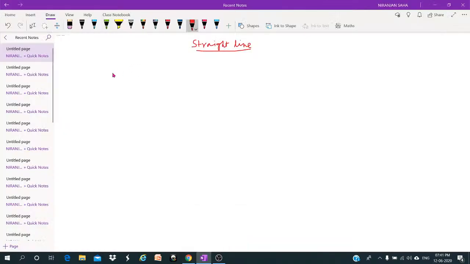I have started discussing the straight line, and I have written three or four forms of the equation of the straight line.